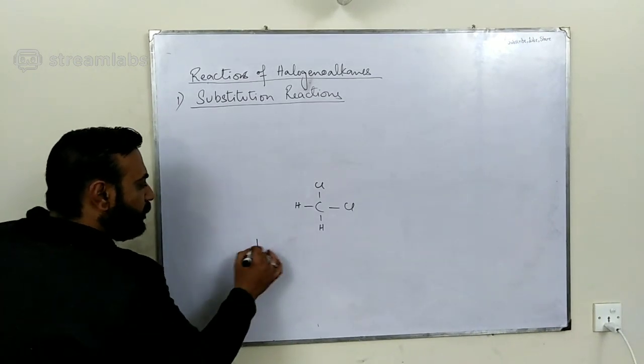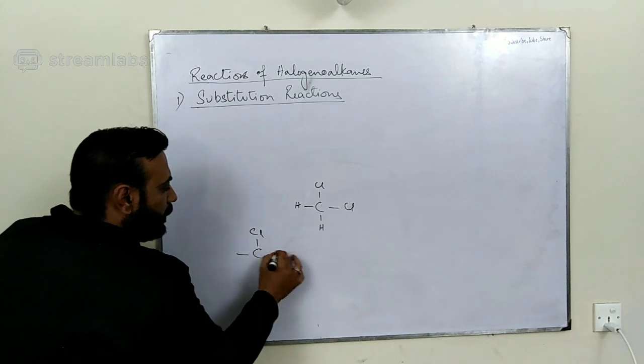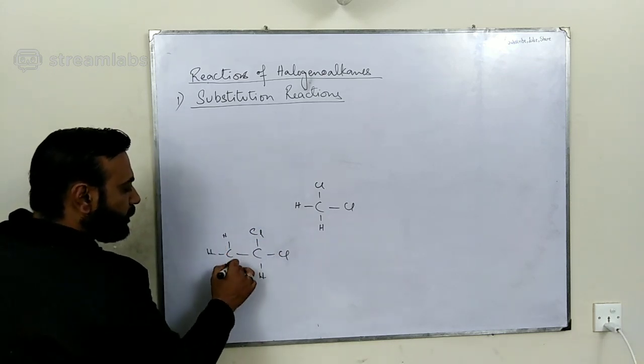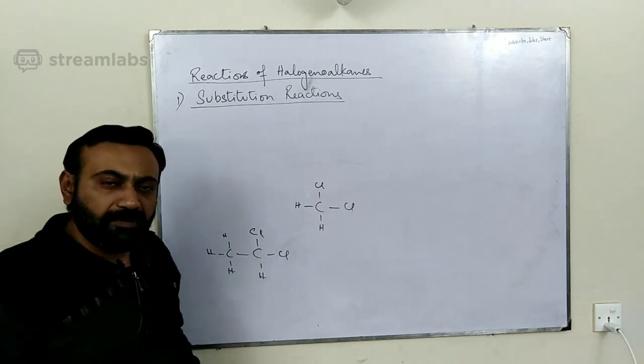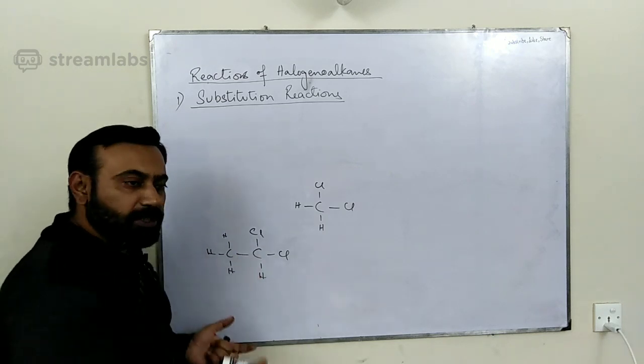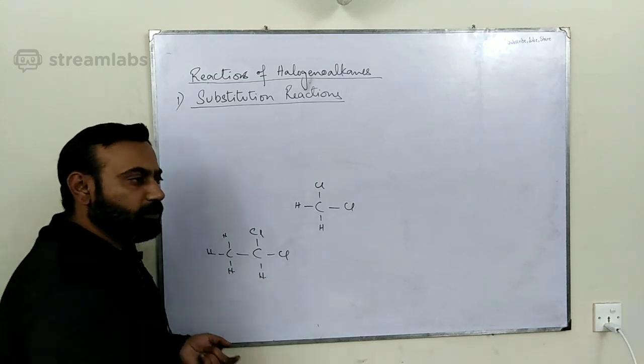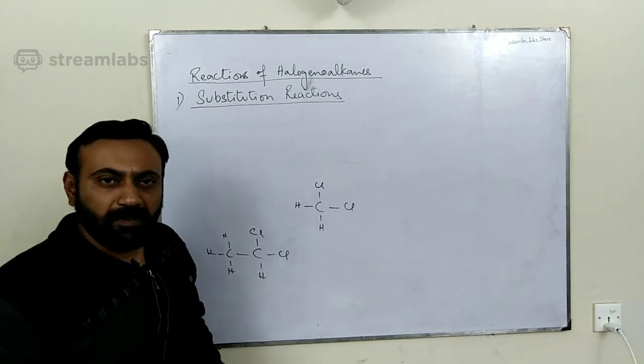But if we are talking about 1,1-dichloroethane, in terms of each of the functional groups, this halogenoalkane is a secondary halogenoalkane because one hydrogen atom is bonded to the carbon atom involved in the functional group.